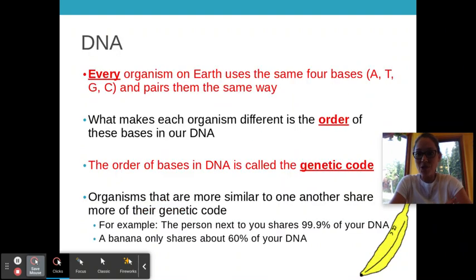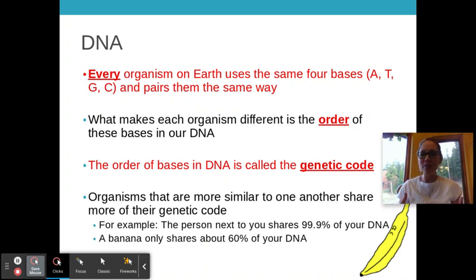So one of the coolest things about DNA is that every organism on Earth has the same structure of DNA. So all living things, their DNA is made up of the monomer nucleotides, which have one of the 4 nitrogen bases. So adenine, thymine, guanine, and cytosine are the exact same in all living things. What makes every organism different is the order of those A's, T's, G's, and C's in their DNA.